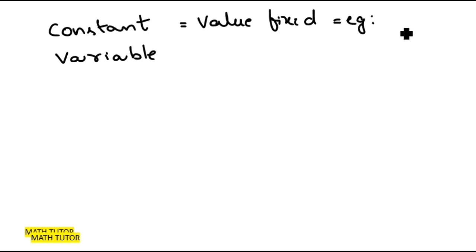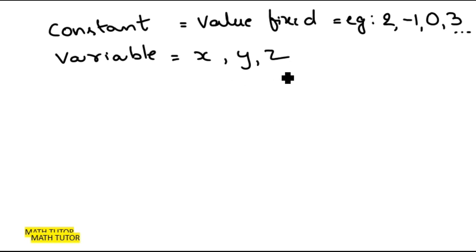What are examples of constants? 2, minus 1, 0, 3 are constants. And what about a variable? It can be x or y or z. Generally, we use these three alphabets to represent a variable, or it can be t also.